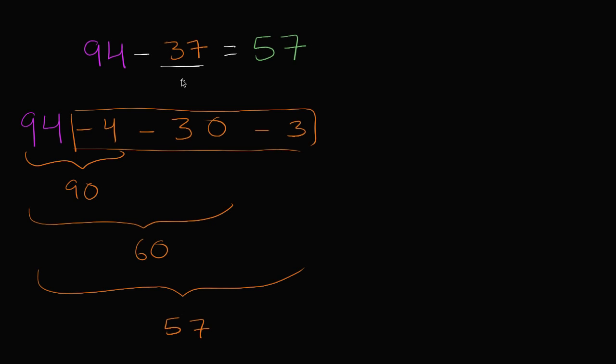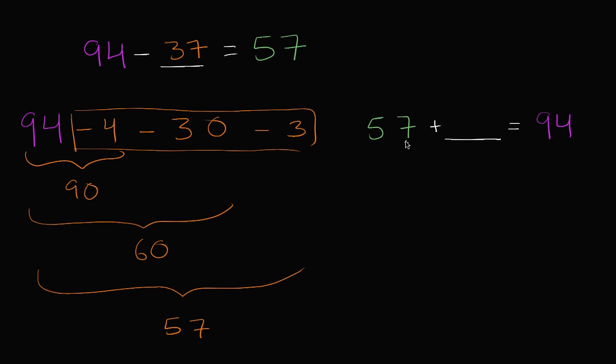Now another way you could have done it, you could have said, look, 37 is the difference between 94 and 57. So you could have thought about it, well, if I start at 57, what do I have to add to get to 94? And you could have tackled it exactly the way that we did the last problem.